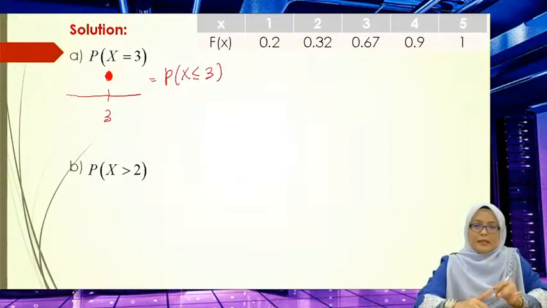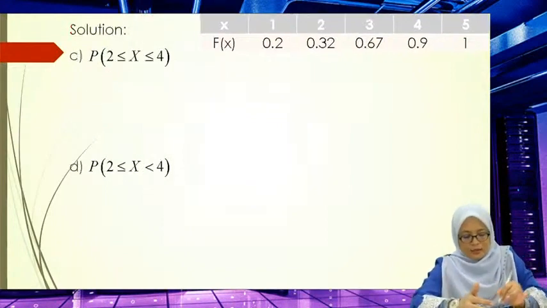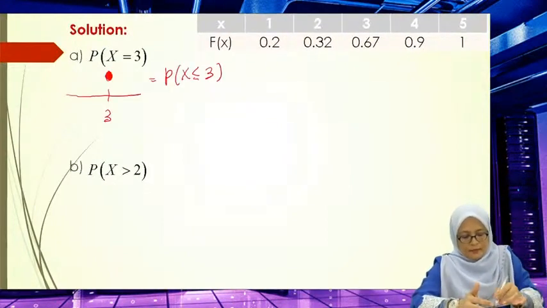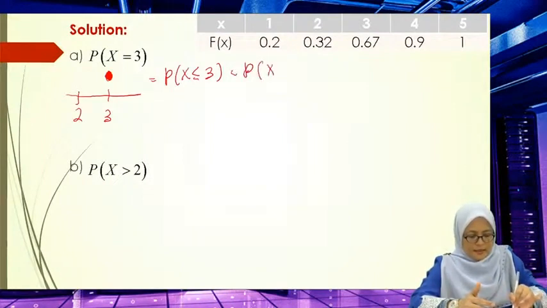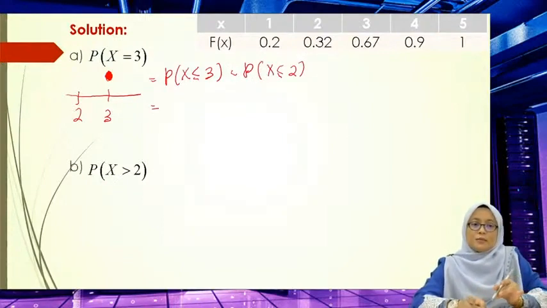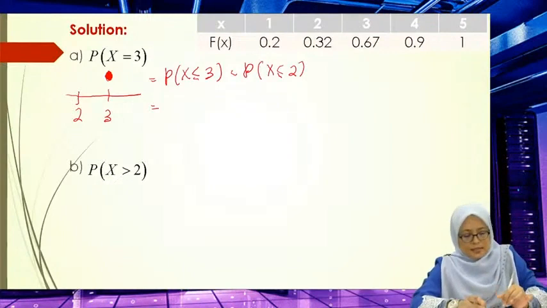So then kita akan buang nilai sebelah kiri yang kita tak nak. So sebelum 3 nilai 2 lah. So kita akan tolak dengan probability X less than or equal 2. So bila dia dah dalam simbol less than equal, ini baru kita change kepada capital F3 minus capital F2.